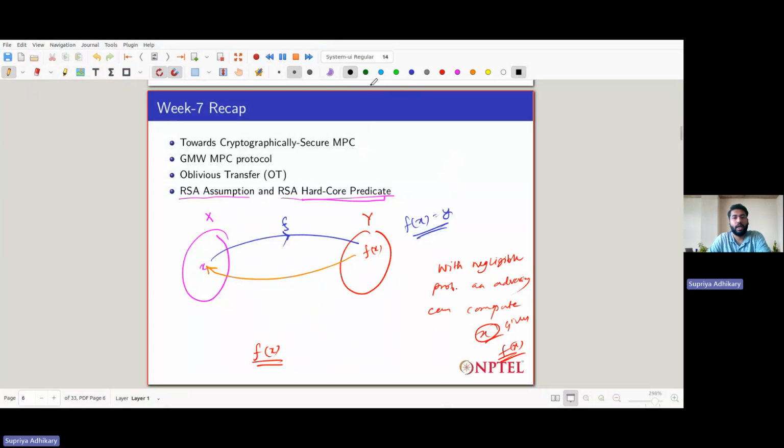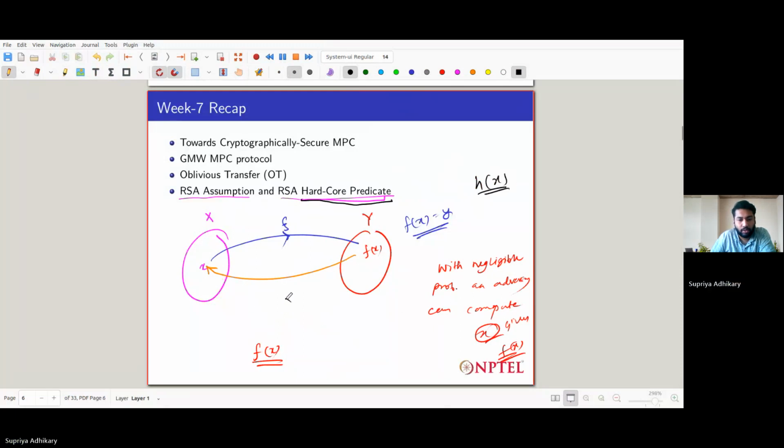Now the thing is that instead of a one-way function, we have a hardcore predicate. So what is a hardcore predicate? It says that instead of finding the whole x, there is a publicly known function, let's say h of x.